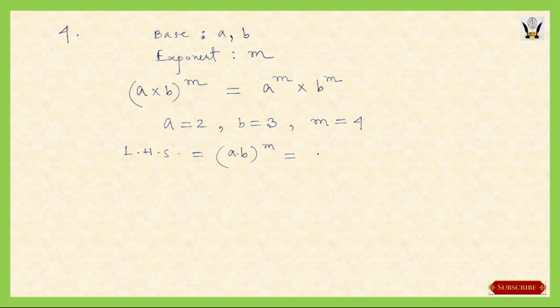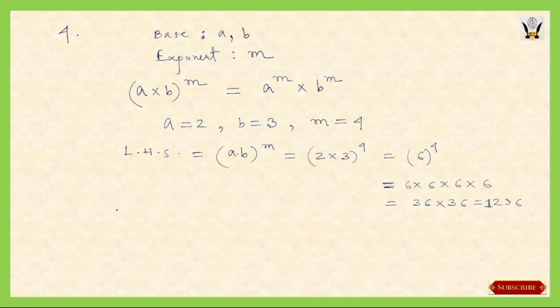That means the base 2 will be multiplied with the base 3, and then of that result we will take the mth power. Here this time it is 4. So 2 times 3 is 6, to the power 4. 6 to the power 4 means 6 multiplied by 6 multiplied by 6 multiplied by 6. That means 6 6s are 36 and 6 6s are 36. So it will be 1296.